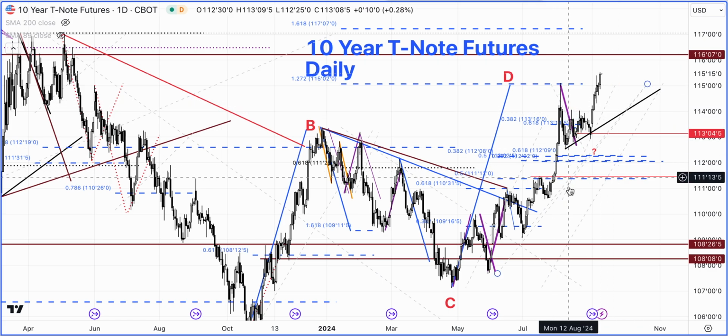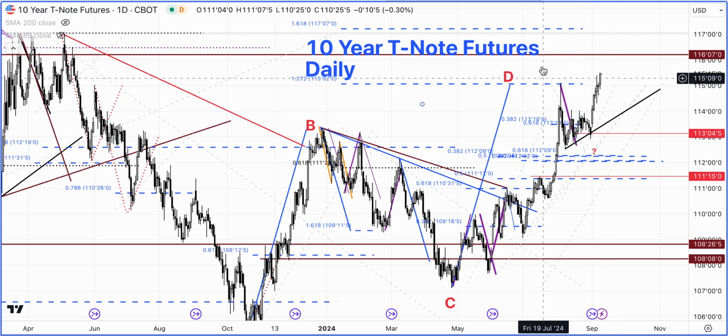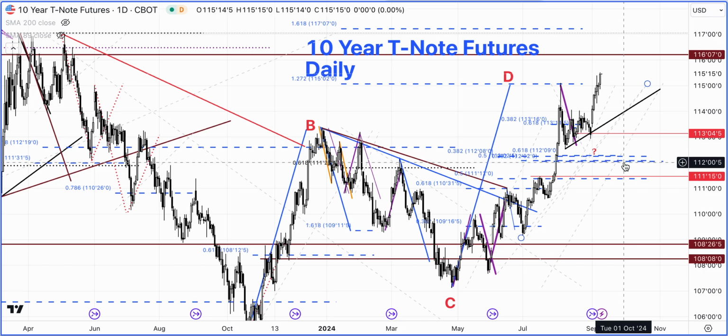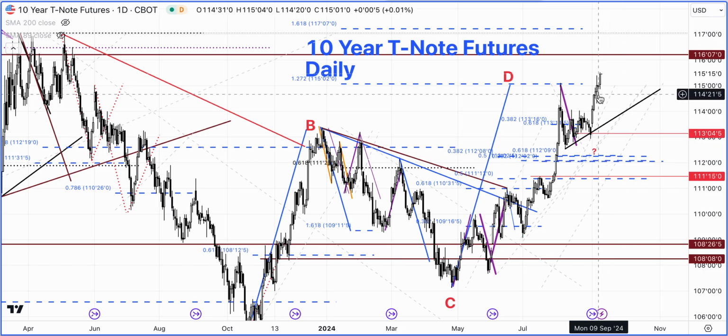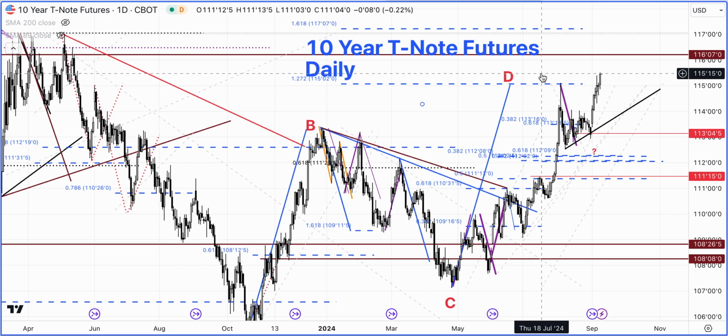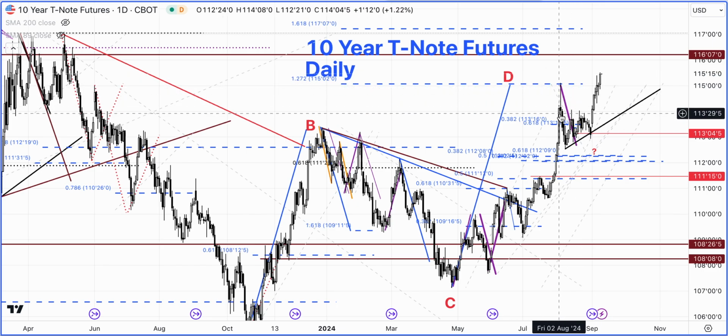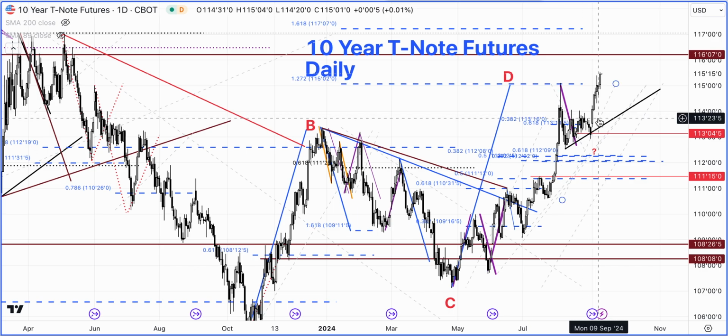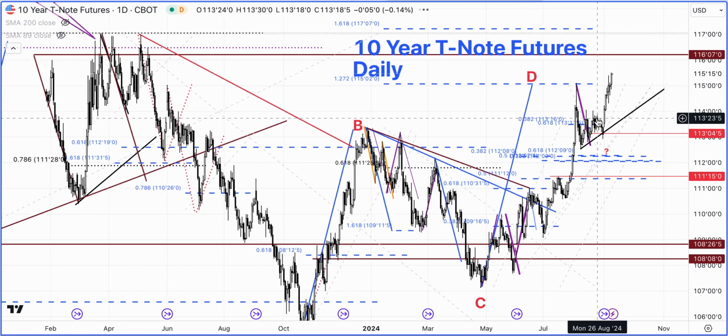At one point, it did look like there was a chance it could do an ABCD lower, but of course, that did not take place. Today, this market was really strong, and it has convincingly taken out the highs of 5th of August, and then of course the highs of Friday, 6th of September as well.